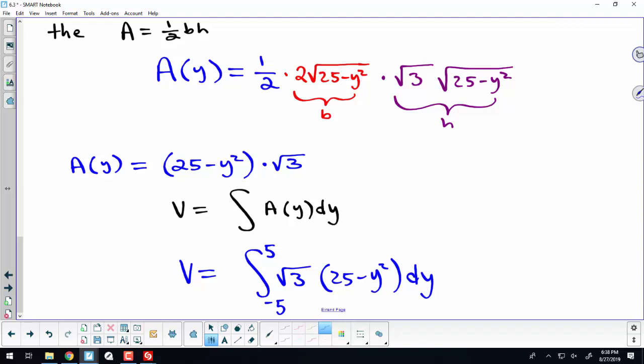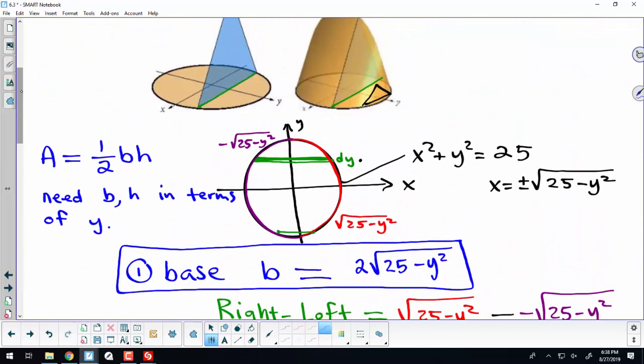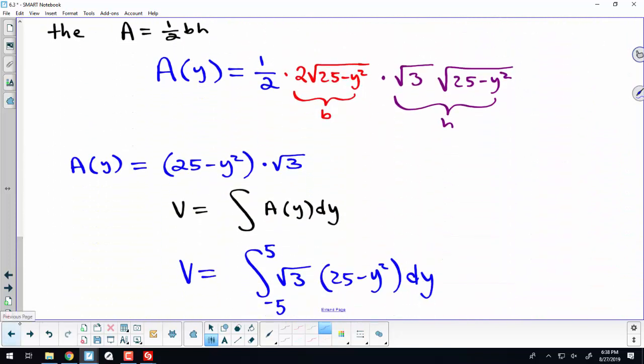Okay. And usually if we can utilize symmetry, you don't have to do it, but it's easier if you can. So since our bounds on y range from -5 to 5, but this thing is symmetric with respect to the x and the y axis, what we can do is cut this in half as far as the bounds, and then just multiply everything by 2. This is okay.